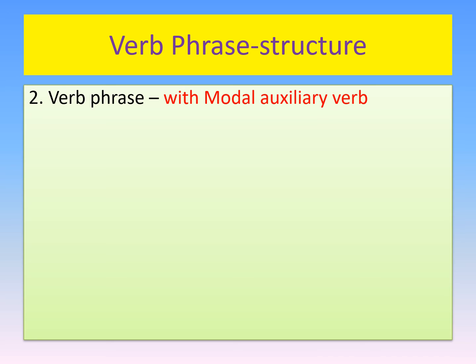These are all modal auxiliaries. We also know that modal auxiliaries cannot come alone or independently. They will come with the base form of the main verb. Let us see an example.